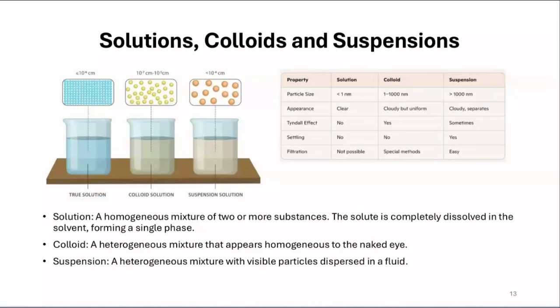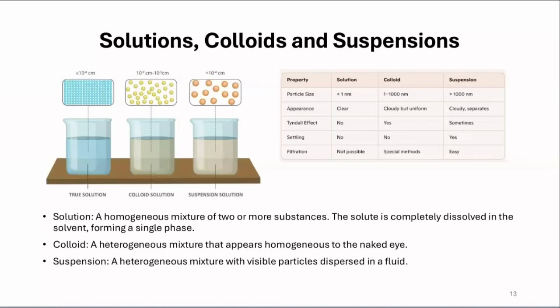A colloid, interestingly, is a heterogeneous mixture, but to the naked eye, it actually appears as a homogeneous unit. The particle size of a colloid is going to be larger than the one in a solution. They tend to have particle sizes from 1 to 1,000 nanometers. Colloids appear to be cloudy, but again, to the naked eye, they look uniform.